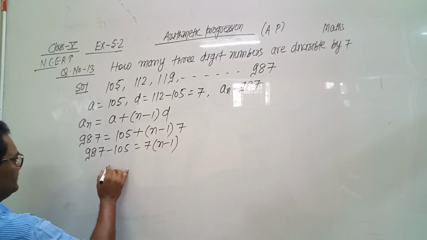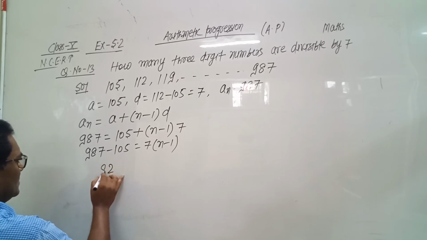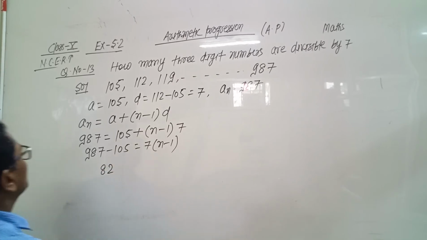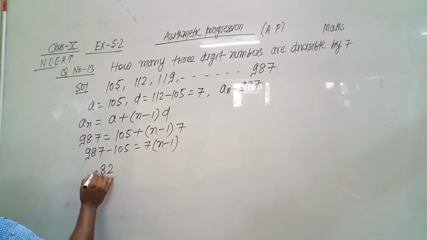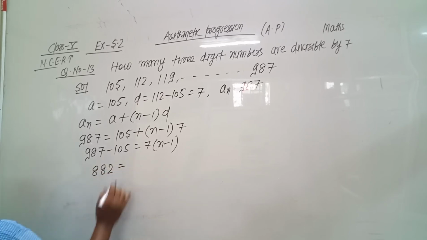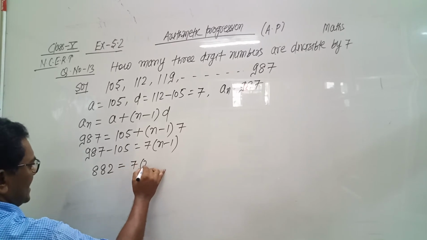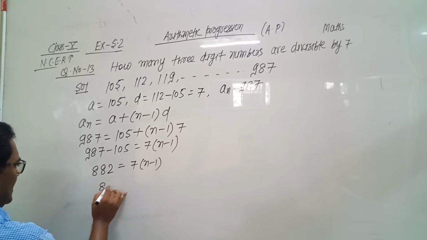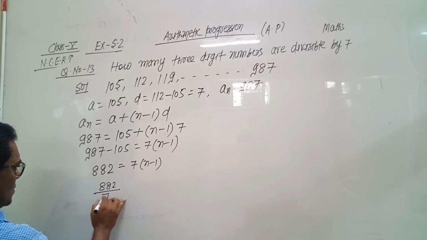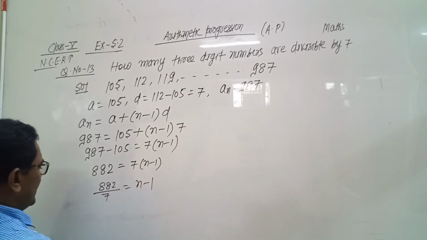We get 882 equals 7 times N minus 1, and 882 upon 7 equals N minus 1.